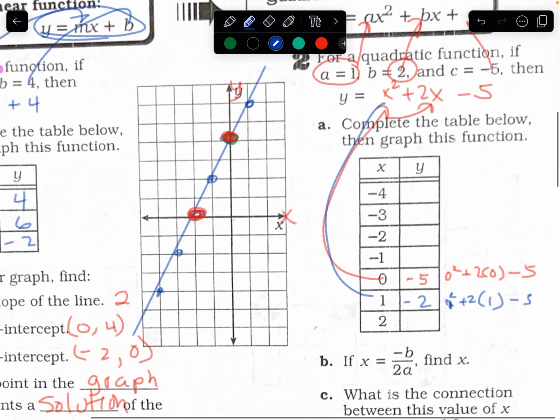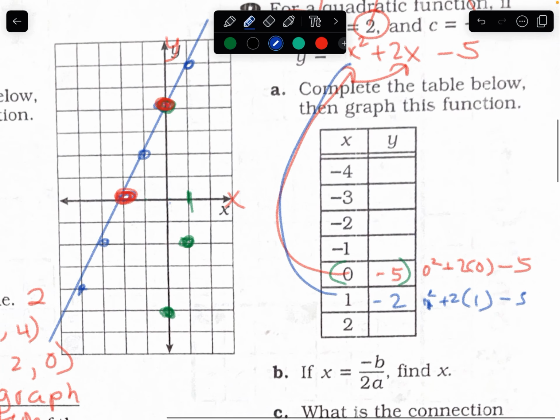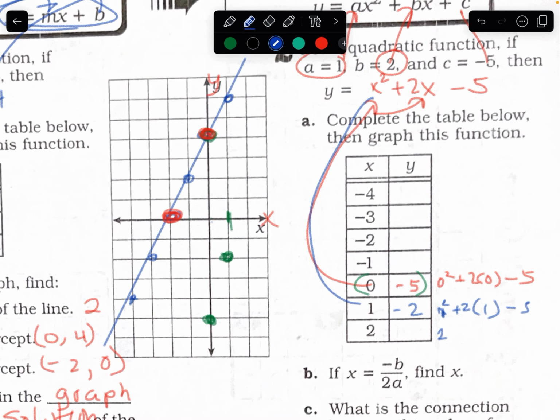Okay, let's graph this. I'll do this in green. 0, negative 5 down here. 1, negative 2, right? That's a 1 right here, negative 2 here. And then 2, so it's 2 squared plus 2 times 2 minus 5. 4 plus 4 is 8 minus 5 is 3. 2, 3 right there.